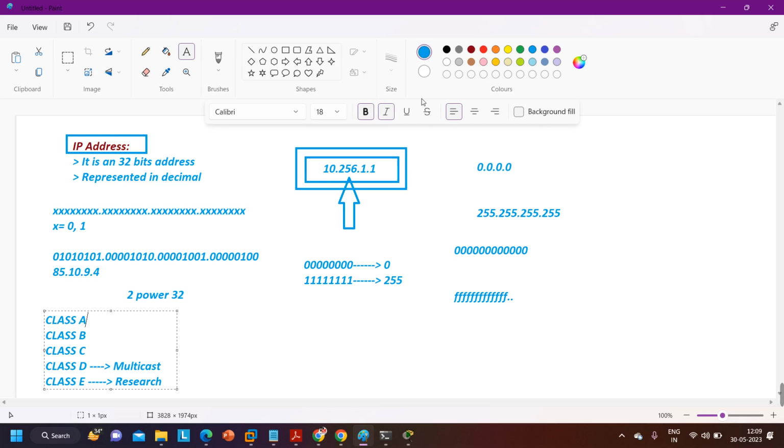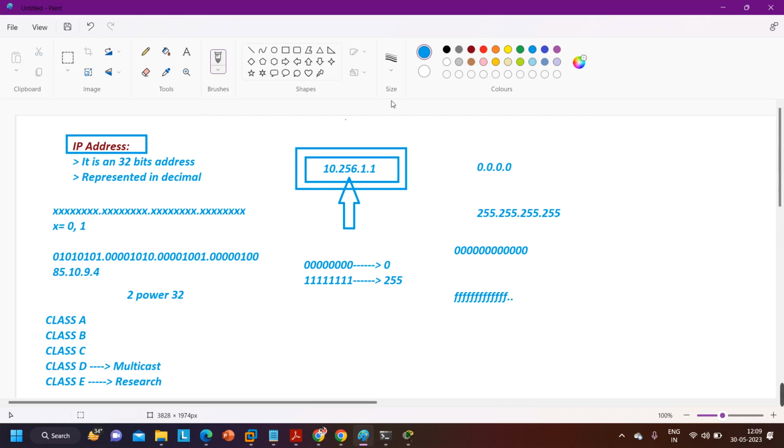Like, see, here we have 4 fields in the IP address. Yes or no? Yes. In each field there are 8 bits. So we call one field an octet. This one is the first octet. This is the second octet.